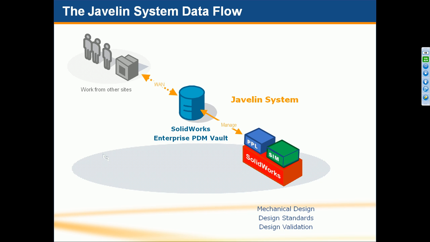So that mechanical information gets passed into Enterprise, and what that does is it makes design information available to the rest of the organization, the internal organization and the external organization, in a managed way, so that people have the information that they need when they need it. They can search for it and they can find it. And that alleviates problems like people coming in off the shop floor and asking a designer, where's my drawing, or I missed a dimension. There's good collaboration tools to work together.